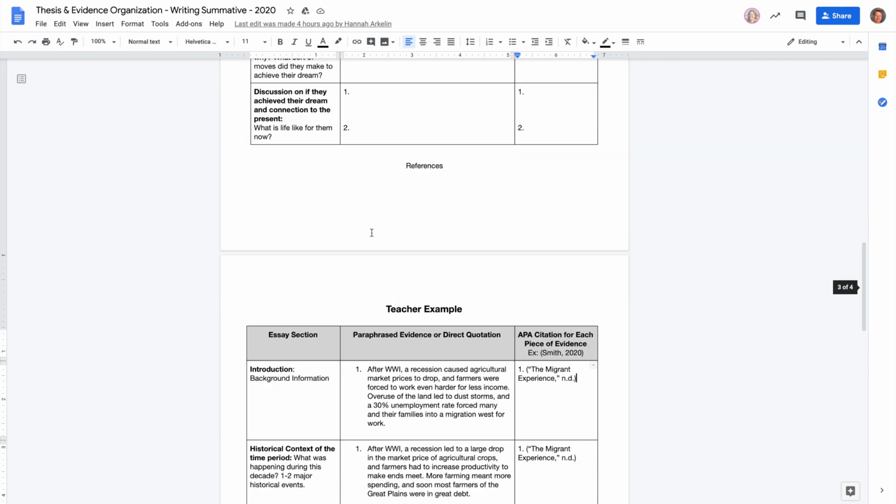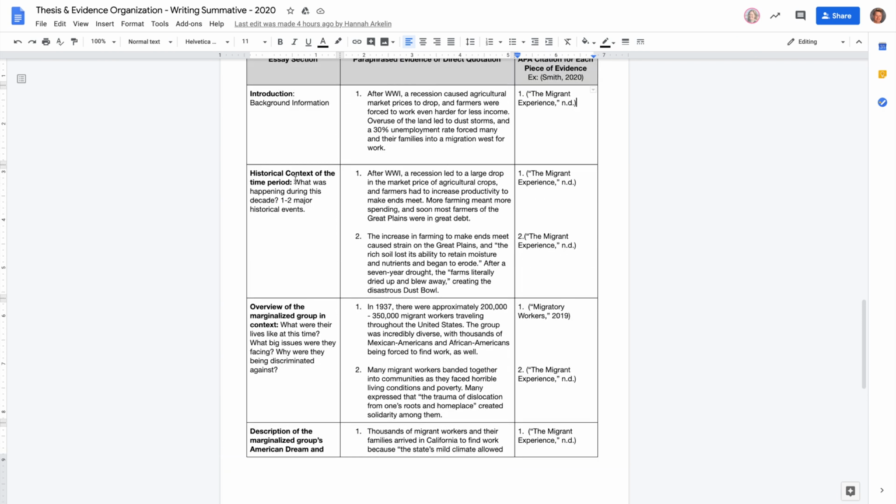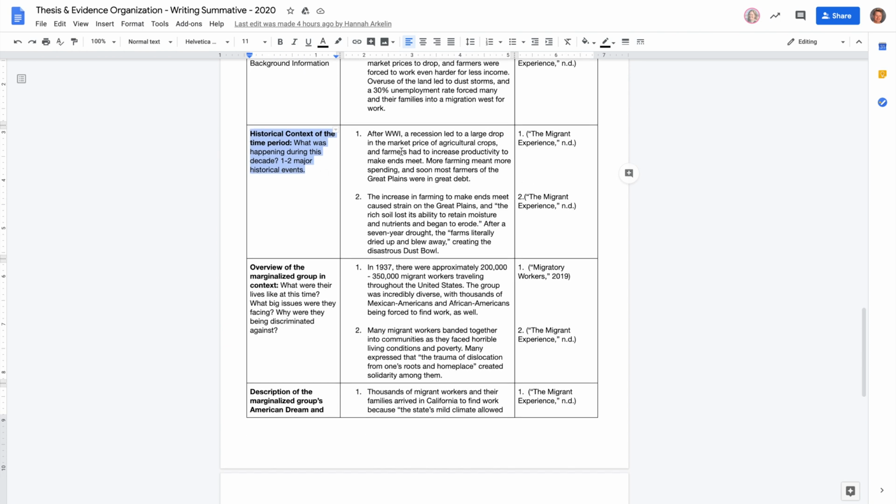Okay, so that is the teacher example, and you can see that when we're thinking about what to put in here, we're always choosing quotations, textual evidence that actually responds to and has information that we would use to answer the questions in the box to the left of it as you're facing it. So make sure that you are thinking very intentionally about which quotes you're putting where, because that is also something that we're going to look at as we are grading these things.